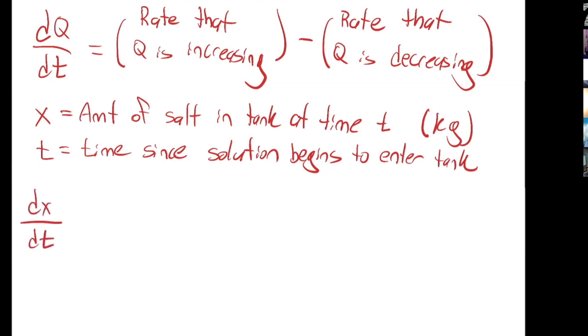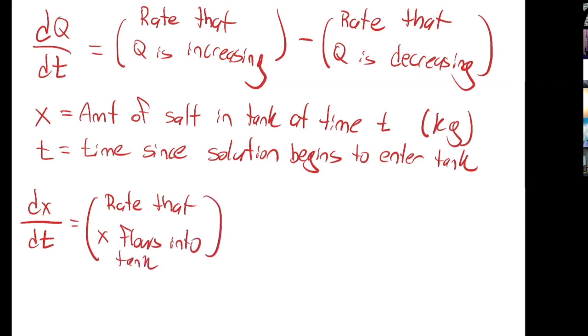So we're going to calculate the derivative of X with respect to time by looking at the rate that X flows into the tank and then subtract the rate that X flows out of the tank.